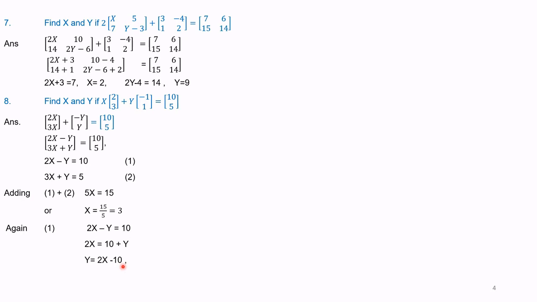But we know the value of x we have found previously is 3. Therefore, y is equal to 2 into 3 minus 10. Therefore, it will be 6 minus 10, that is minus 4, or y is equal to minus 4. Let us solve the next problem.